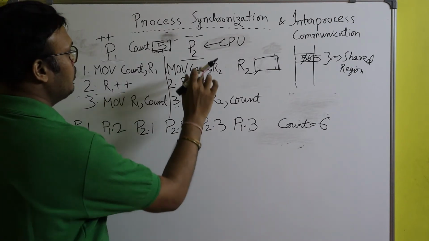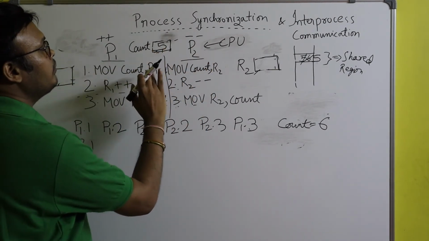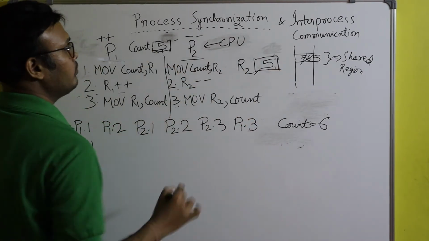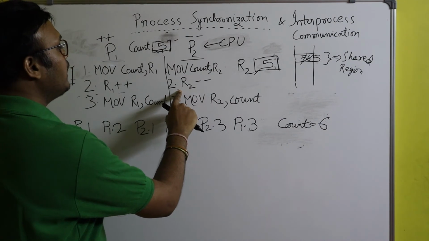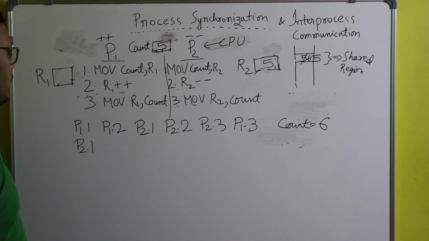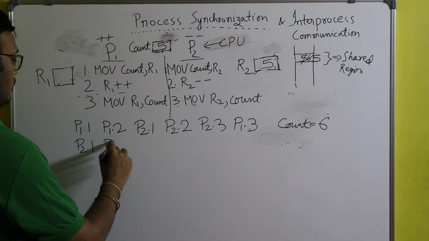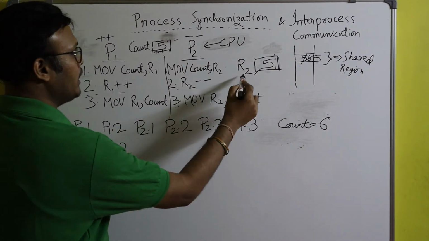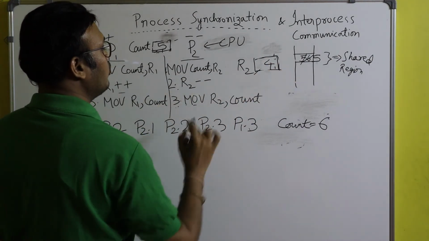It will read the value of count as 5 and move it to register R2, so R2 contains 5. After that there is a decrement operation. Process P2 will execute its second instruction and register R2 is now 4. 5 is decremented to 4.